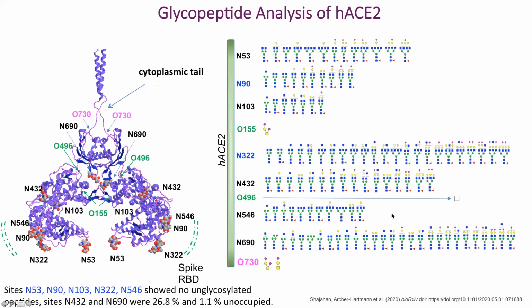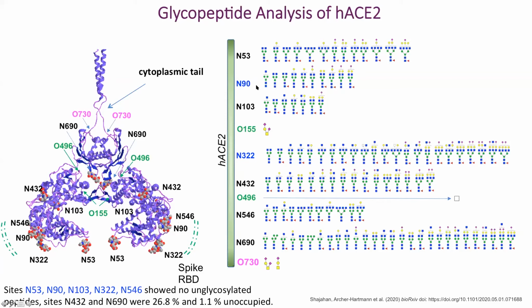So this is the representation of the glycopeptide analysis indicating all sites of glycosylation. The picture here on the left-hand side shows all the N-link glycosylation sites and the O-glycosylation sites. What I'd like to point out is, again, this region, N322, N90, and really N546, that is binding to the RBD regions.